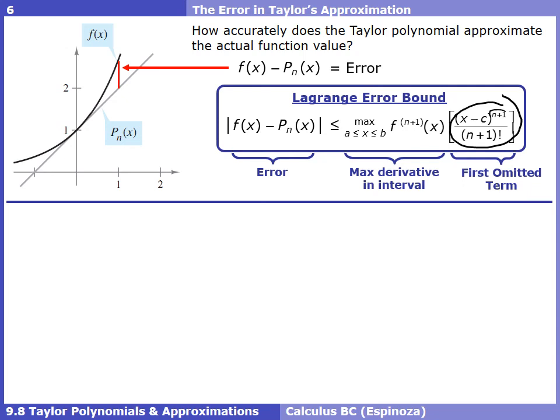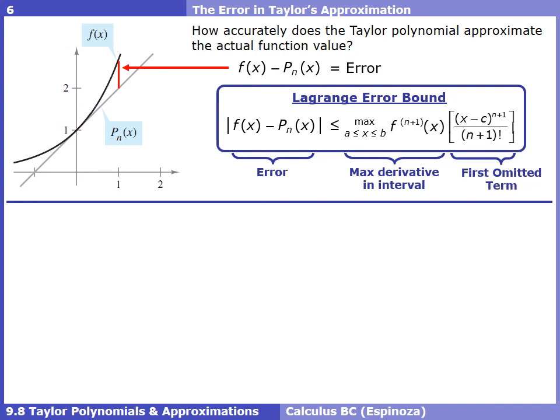And that's why there's that n plus 1 here, and that n plus 1 here. If you did a 4th degree Taylor polynomial, then this would be the 5th term. If you notice where we have these n's here, that's the Taylor polynomial that we used in our approximation. So n plus 1 would just be the first term that we didn't use after that.